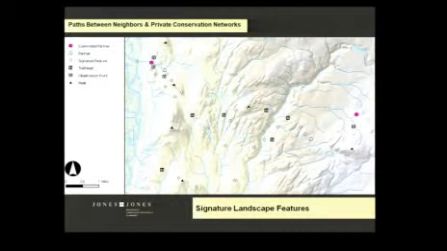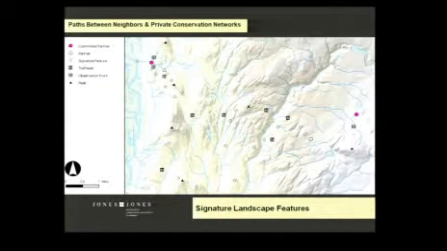What are these places that you love about the landscape? And the results have always been incredibly surprising and equally powerful, which has proved to be in some cases a challenge with GIS.